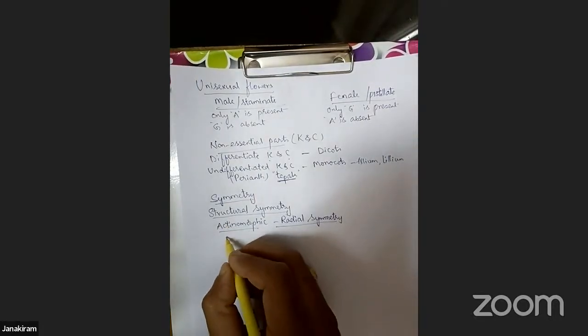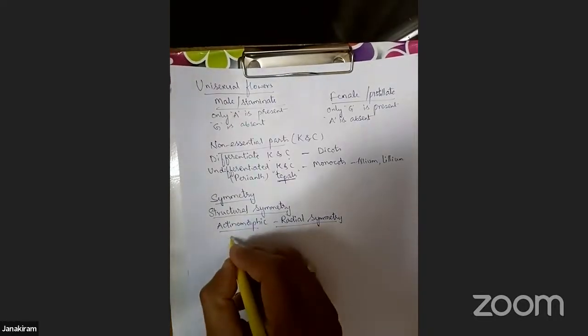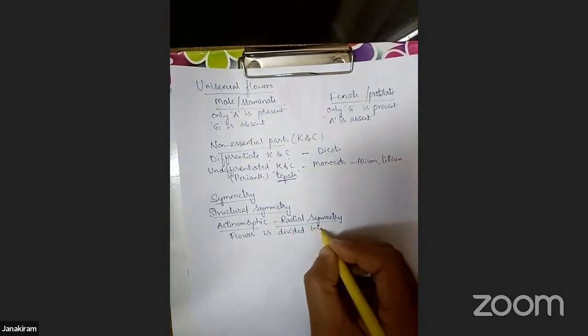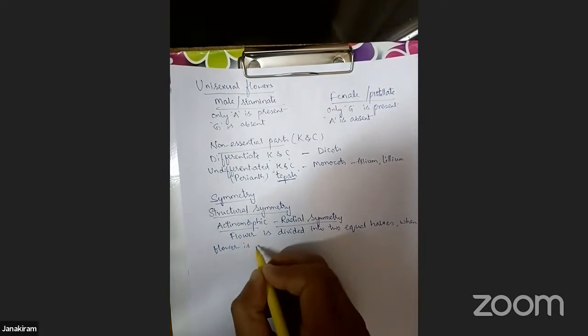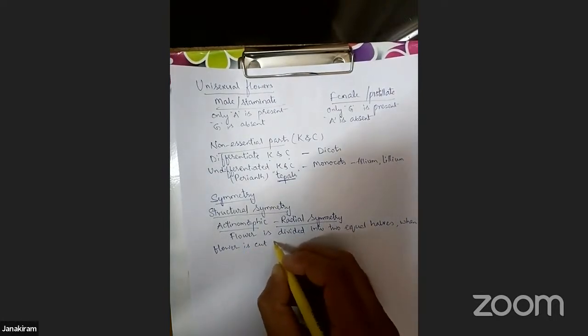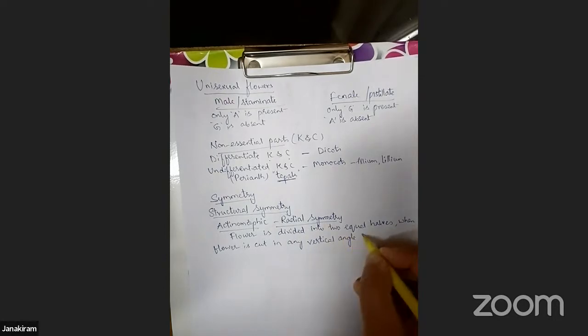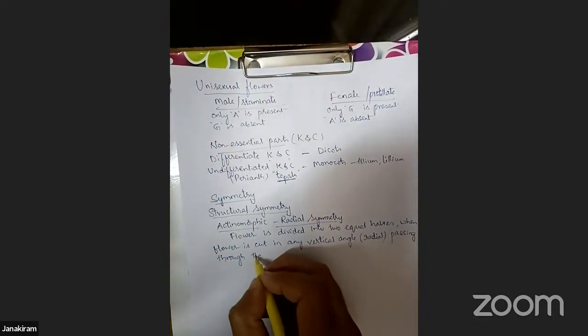The flower is divided into two equal halves when the flower is cut in any vertical angle passing through the center of the flower.